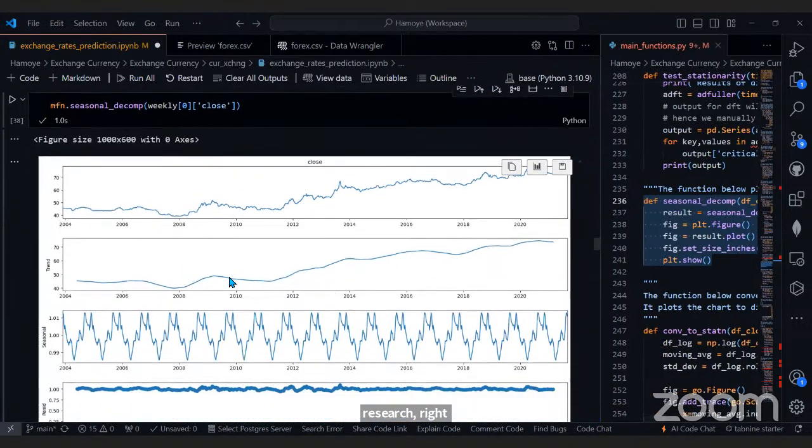Looking at the trend, let's talk about the trend analysis. The trend component indicates that there was a stable period. It was actually stable in the early years, 2.4, 2.5, 2.6, 2.7, 2.8. It was kind of stationary, right? But there was a spike in it as of 2013.